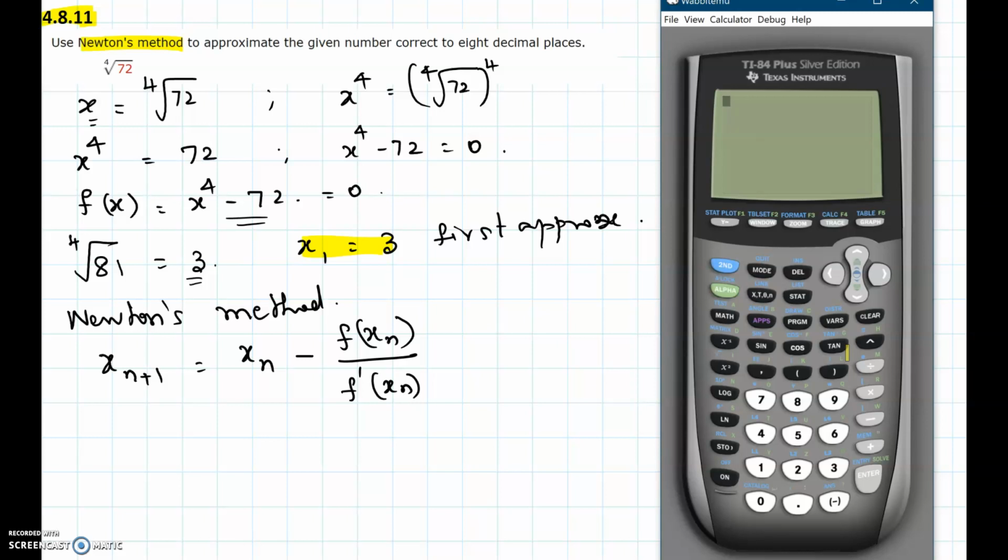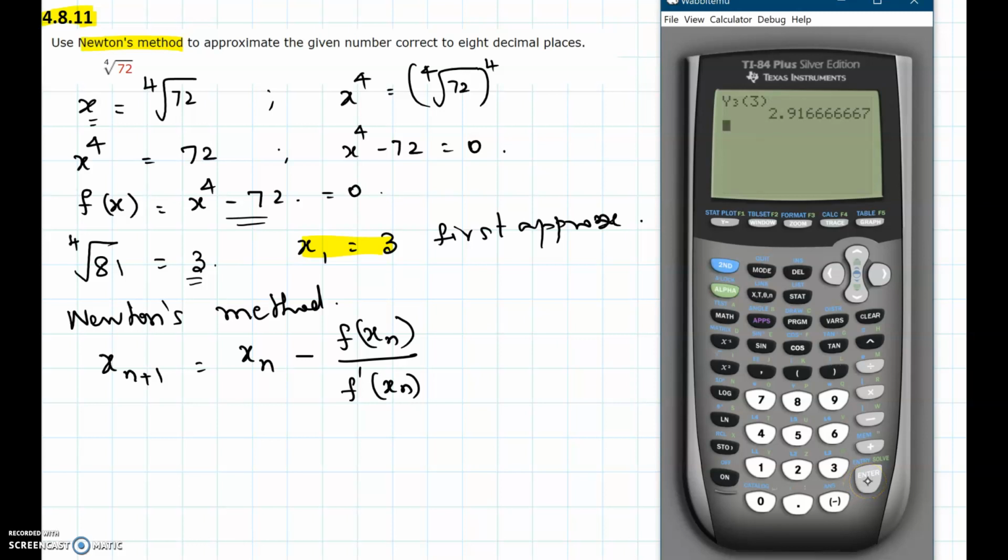So use the VARS button, then Y-VARS using the right arrow. Choose the function, but we don't want y1, we want y3, so hit 3. Then plug in your first approximation, 3, close the parenthesis, and hit enter.